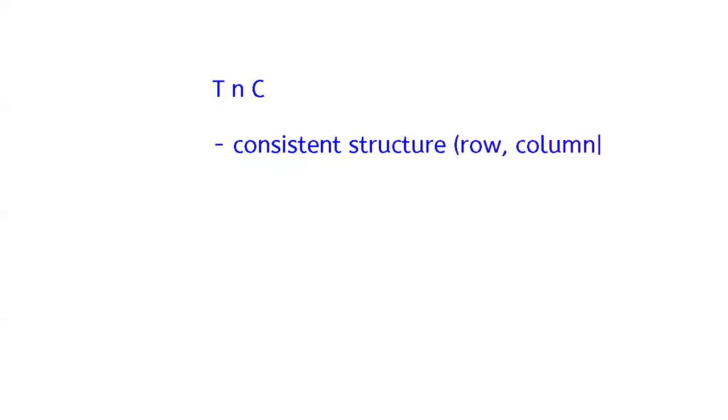Some people call it T&C. This is T&C. They are having a simple invoice, so I just want to put a consistent structure. Consistent structure means the row and the column, which are very, very important. And they're having the same worksheet name.